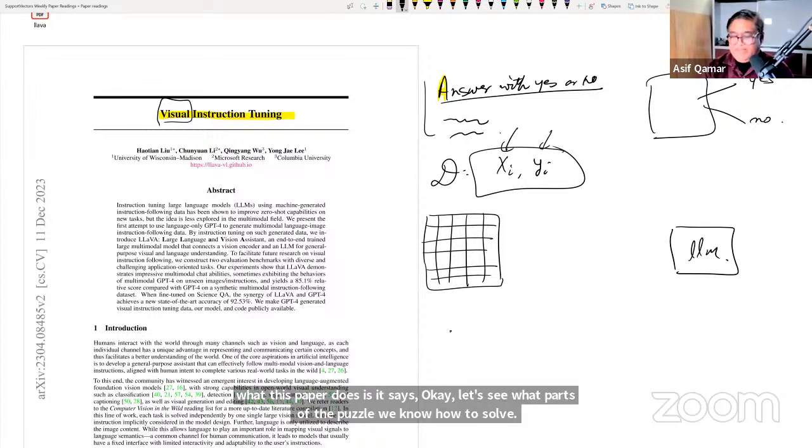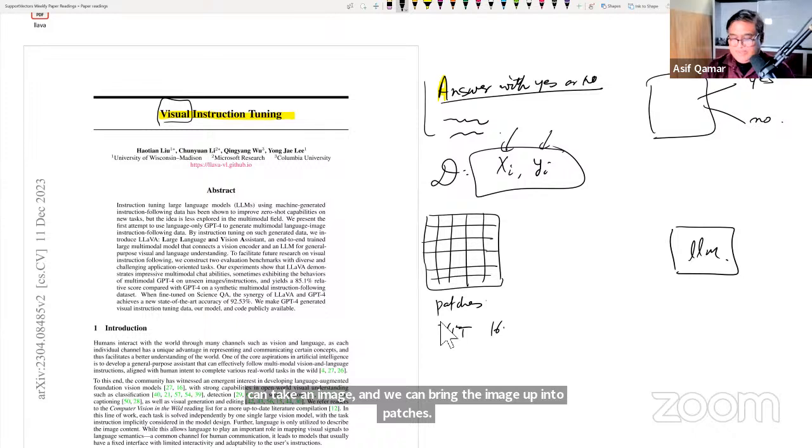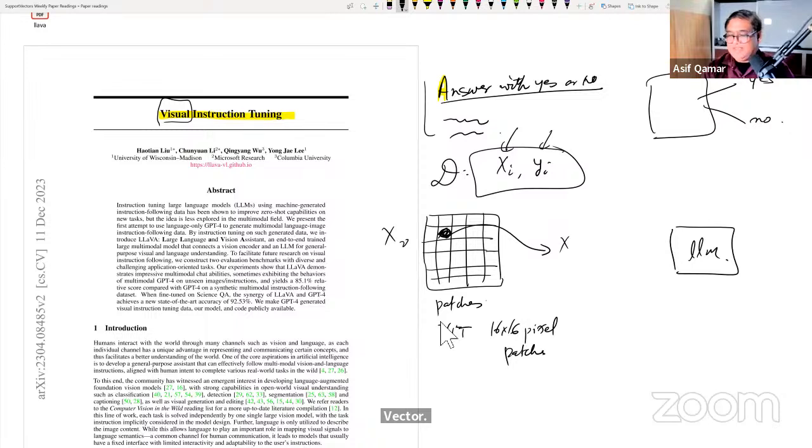We can take an image and break it up into patches. Remember, this is the ViT paper, 16 by 16 pixel patches. So let's say that this is a patch. I can create this vector, let me just say visual vector, X visual.